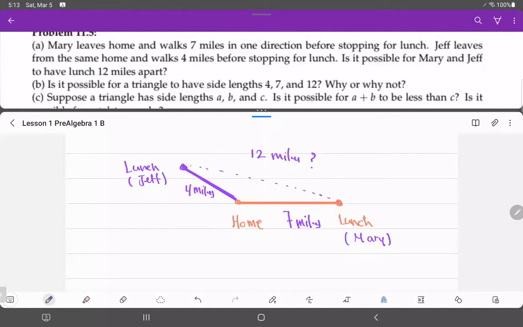Can the distance be 12 miles or no? So this is the question. I'm waiting to hear answers. Can this be 12 miles or no?